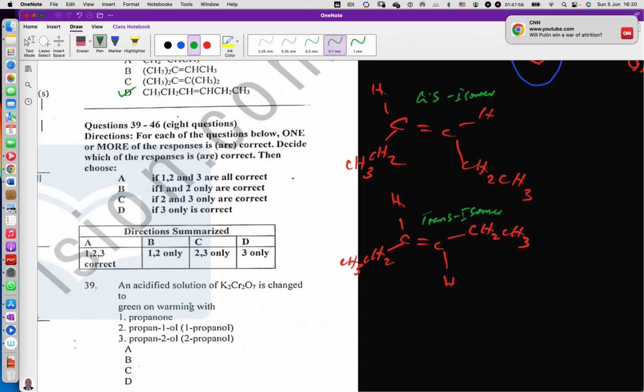It will not react with propanone. It will react only with alcohols, so it can only change with propan-1-ol or propan-2-ol. So 2 and 3 only. 39 is C.